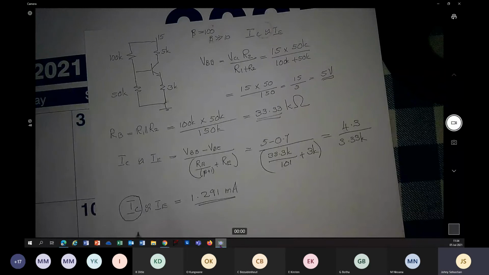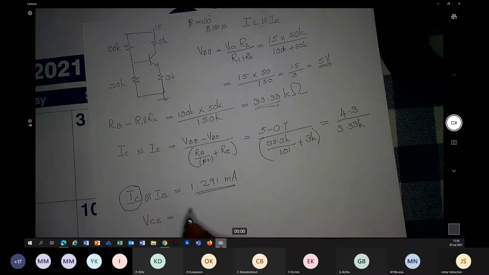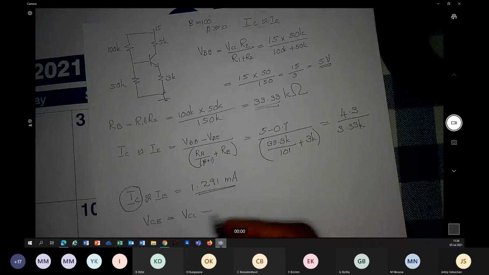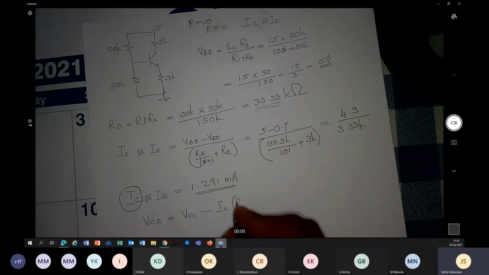Only one thing probably that we might need here is VCE. That is to ensure your BJT is operating in the active region. VCE is VCC minus IC times RC plus RE.